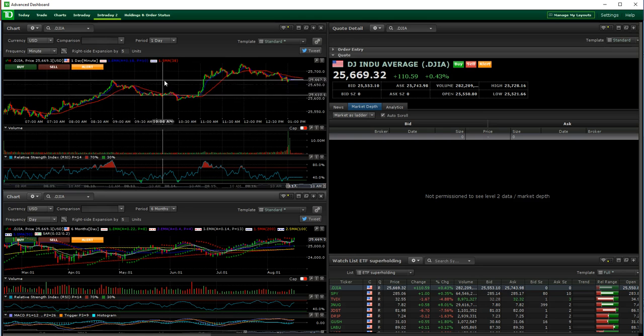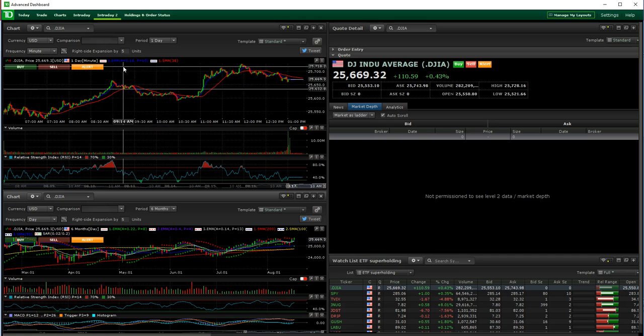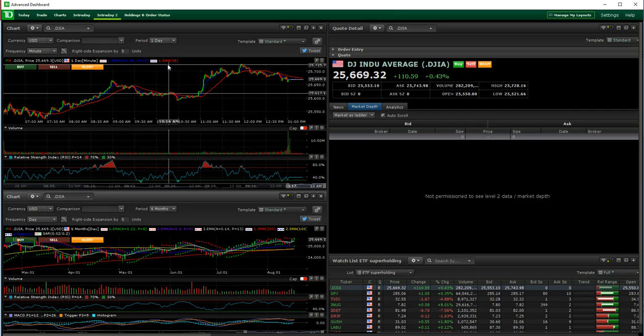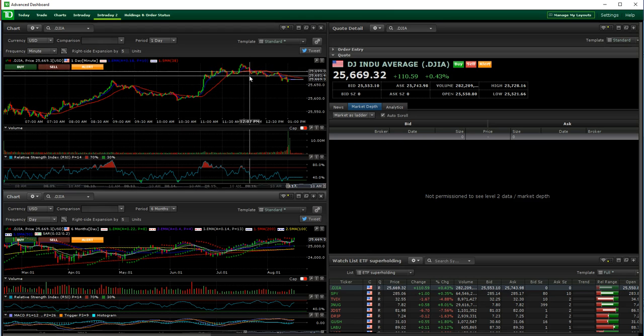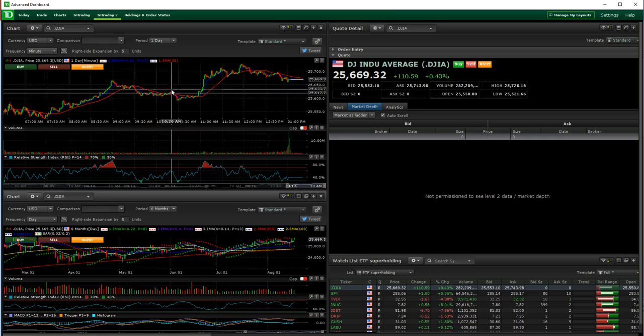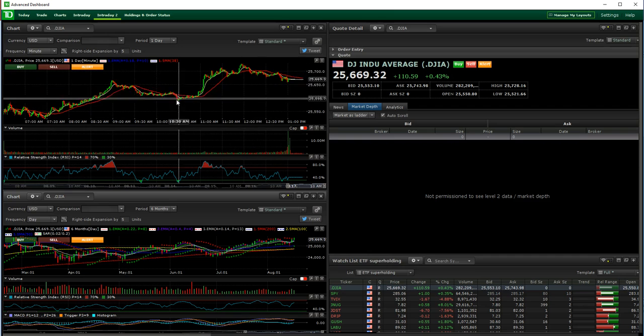I just find that the period 10 for the EMA and the SMA set to 38 work well. I know these are not the numbers that we said were the common numbers to use, but for this particular platform it seems to work just fine, so I've just left it as is.